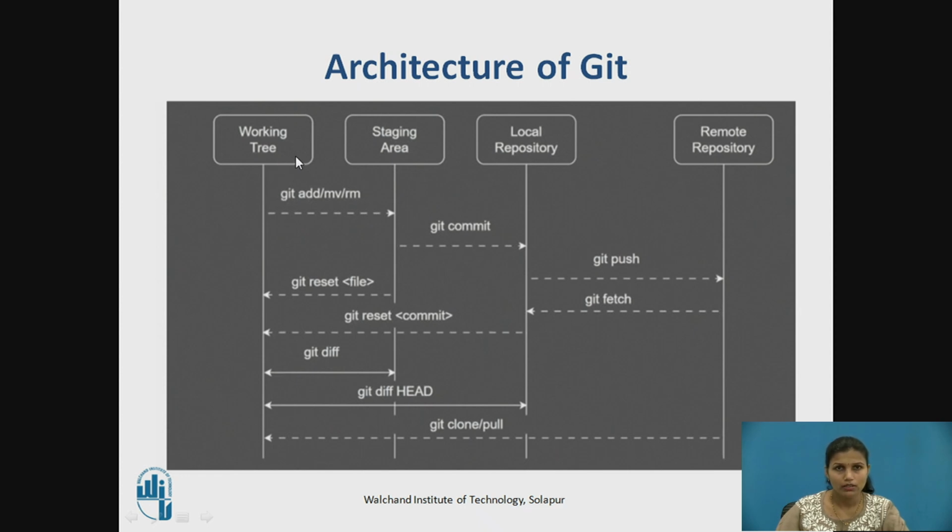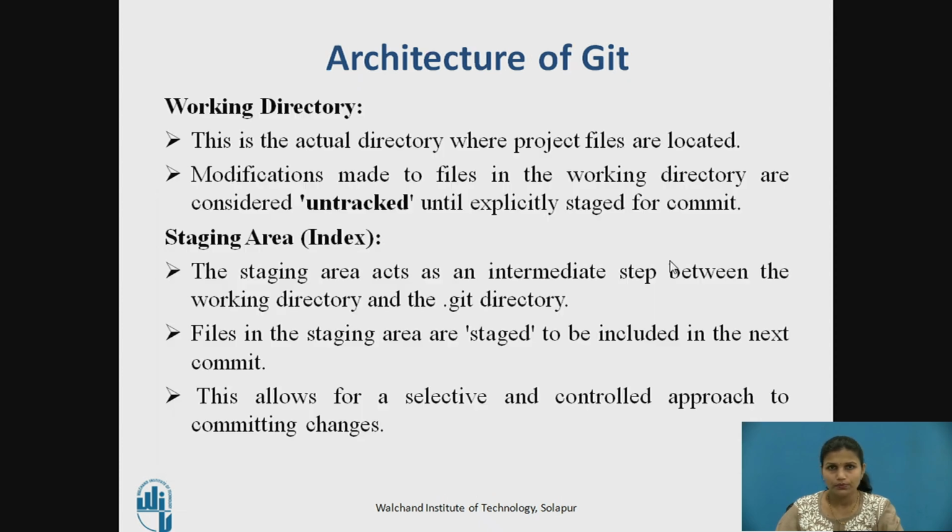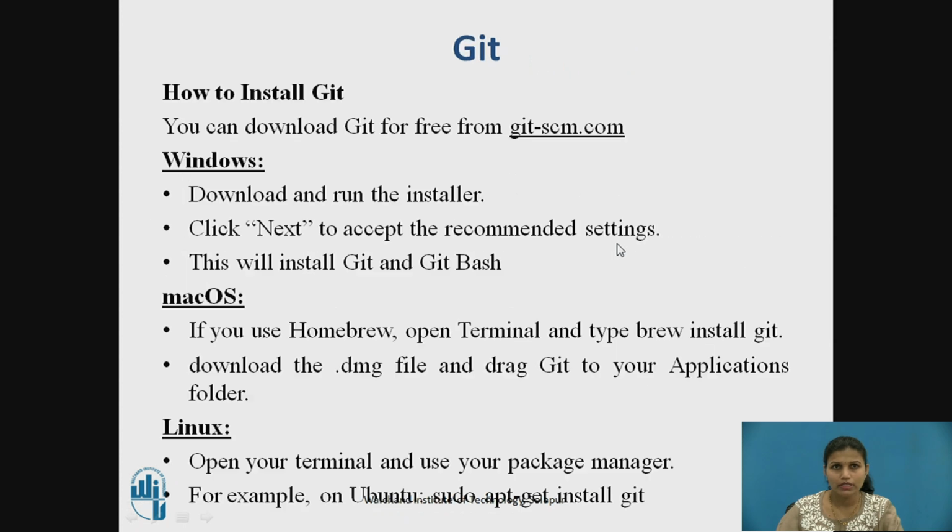When you convert an untracked file into a tracked file, it is staged into the staging area. Once we have committed the file, it will go into the local repository. Once we have committed the changes into the local repository, finally you are going to add this code into the remote repository. So this is all that we have discussed earlier.